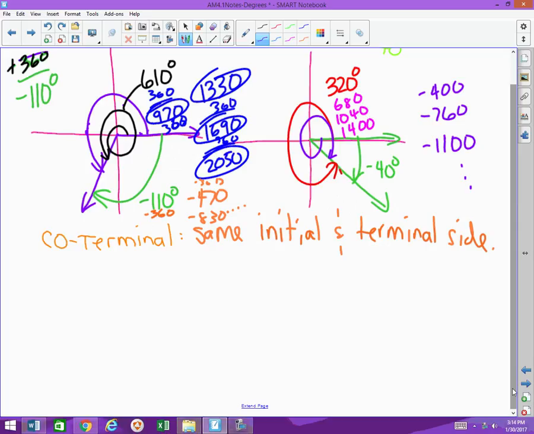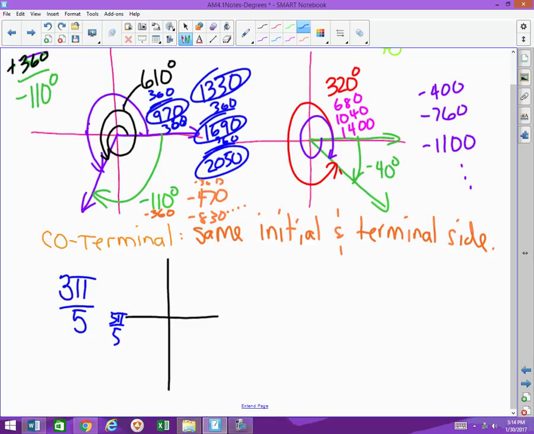If you're dealing with things in terms of pi, so let's say we have 3 pi over 5. So if we're going to draw it, that means our top half of our circle is divided up into 5 equal parts. So this is 5 pi over 5, 0, and then if you go all the way around, that's 10 pi over 5.